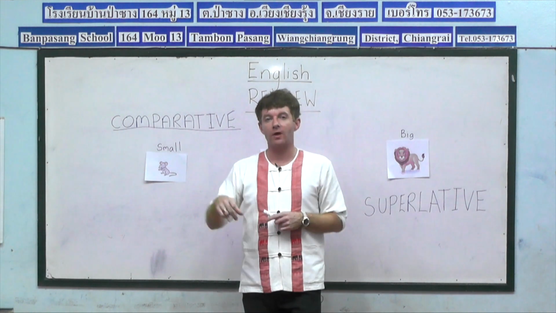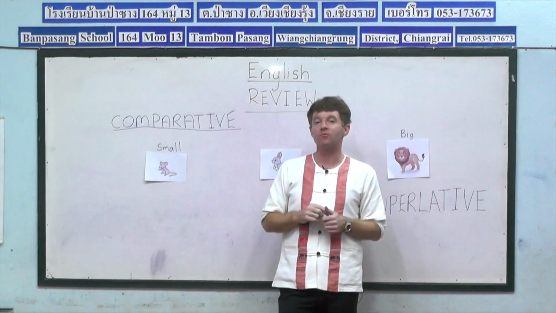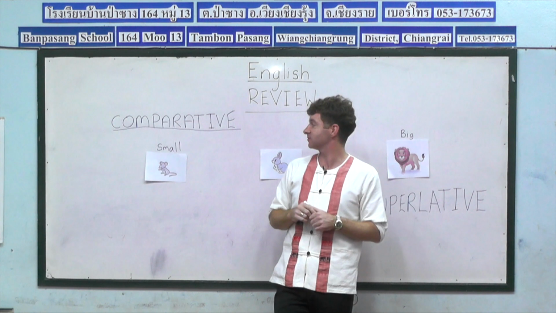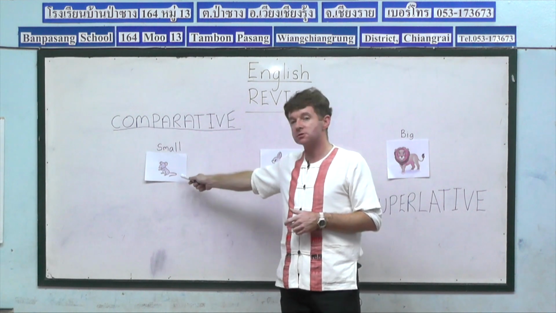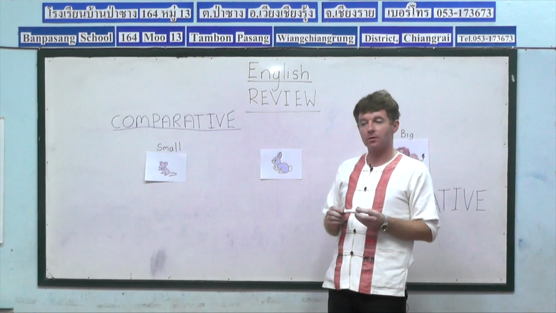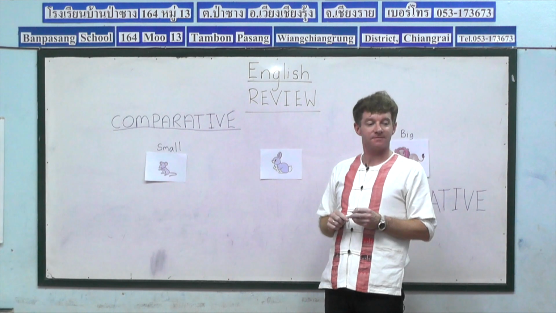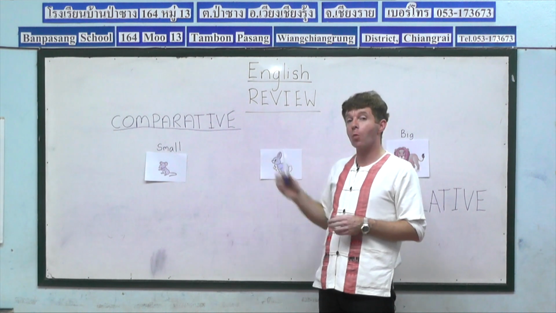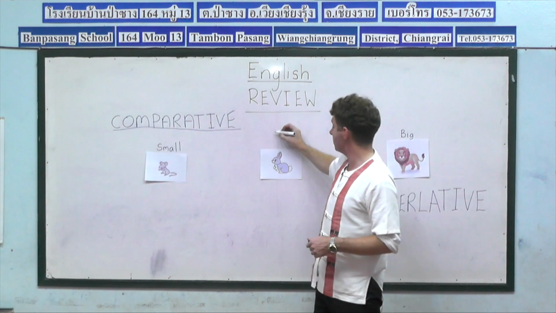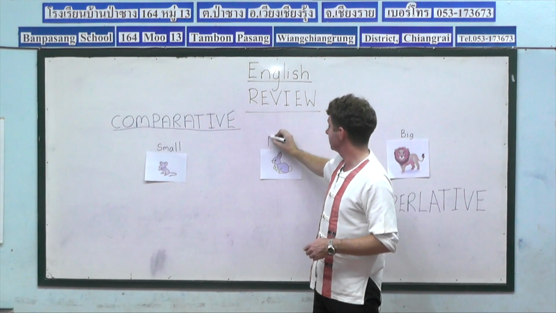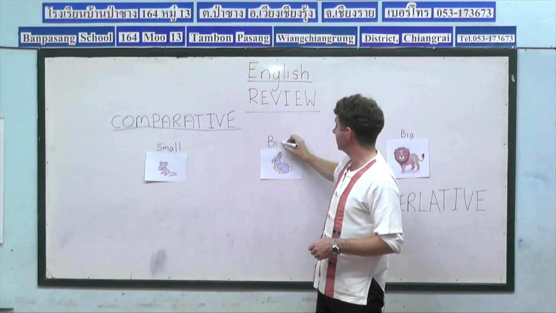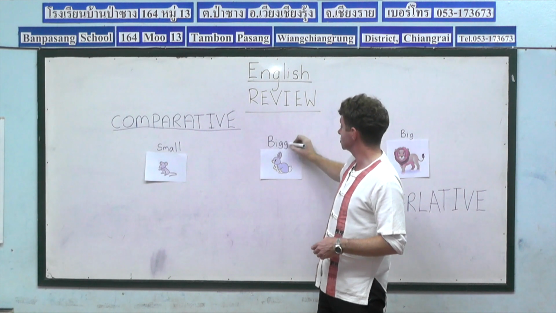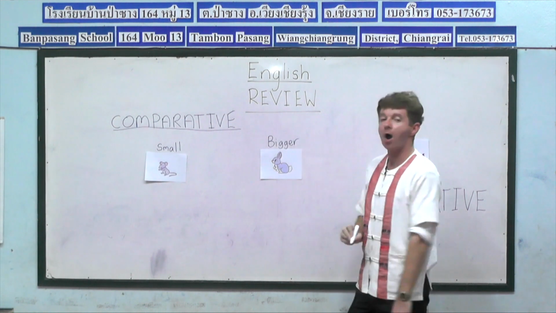Now we're going to look at how we can turn them into comparatives. So the mouse and the rabbit, which one is bigger? Rabbit is bigger, yes. So what we say, the rabbit is B-I-G-G-E-R.